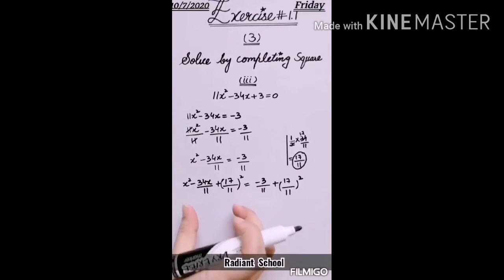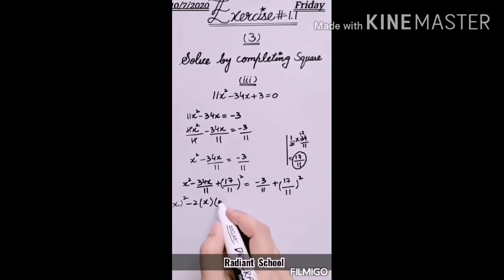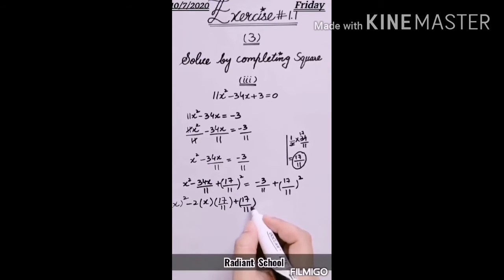Now students, this will be the formula a square minus 2ab plus b square. You can write it in this way: a square minus 2 times, this is your a and your b is 17 over 11, plus 17 over 11 whole square.